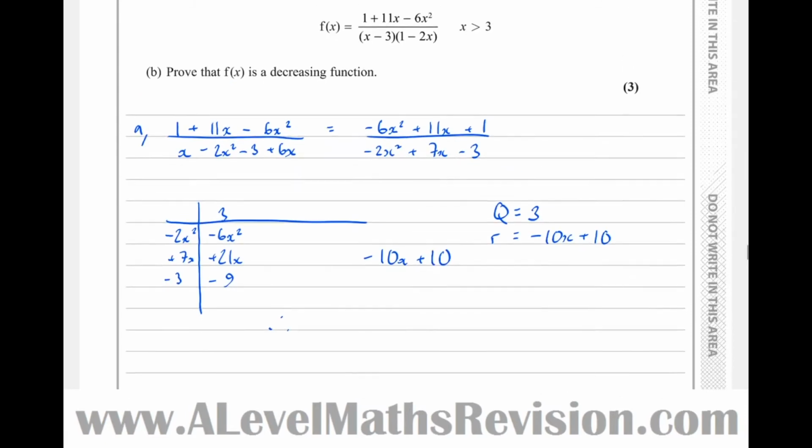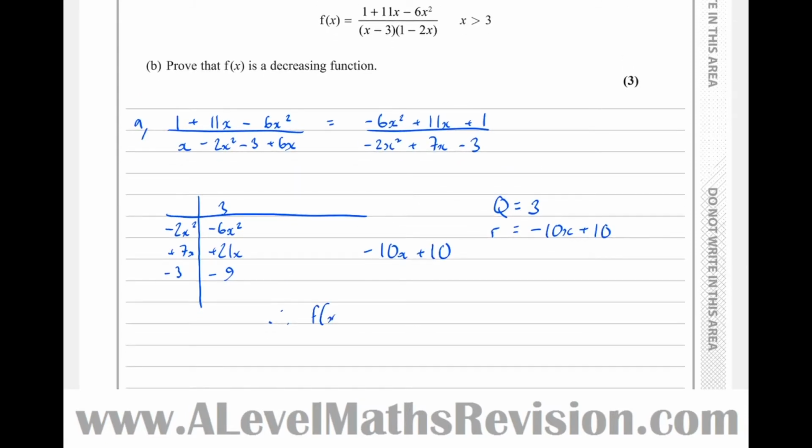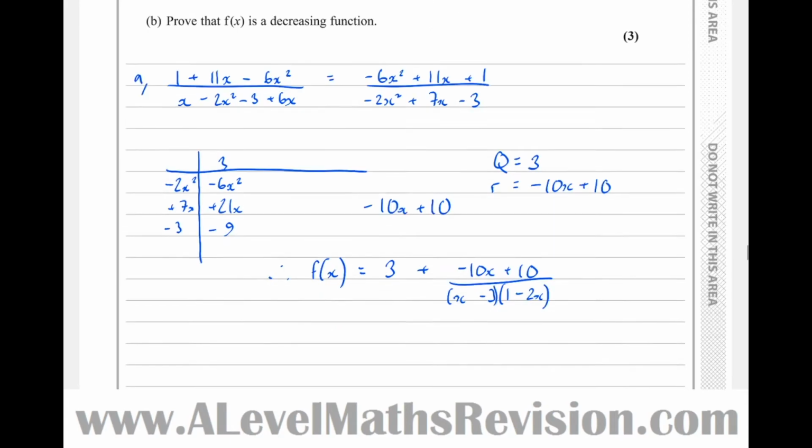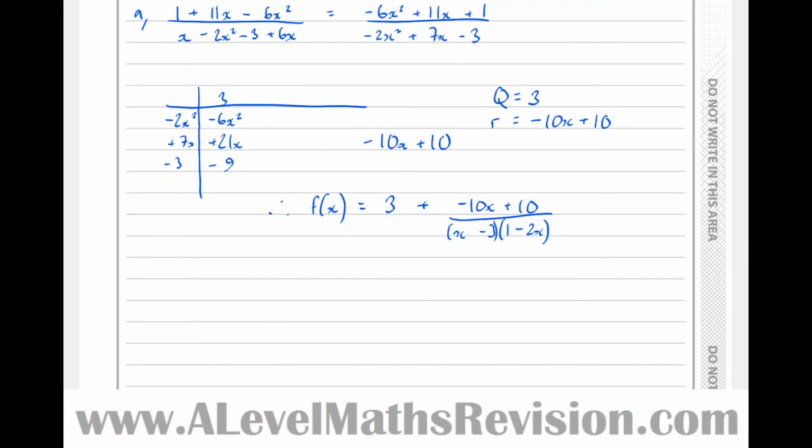Therefore, the original function, f of x, is equal to the quotient, 3, plus the remainder over what we were dividing by, so x minus 3, 1 minus 2x. And now we're going to write this bit in partial fractions.